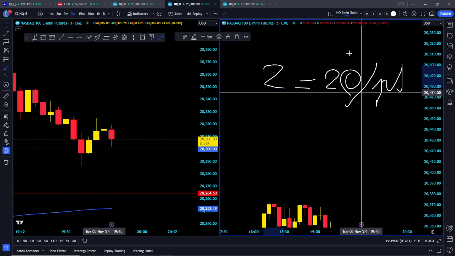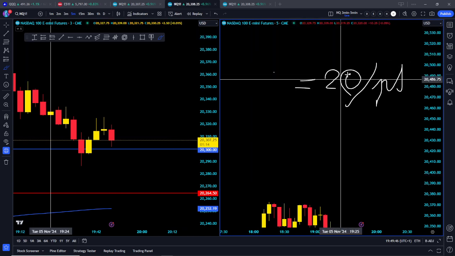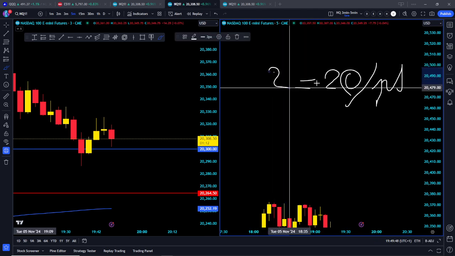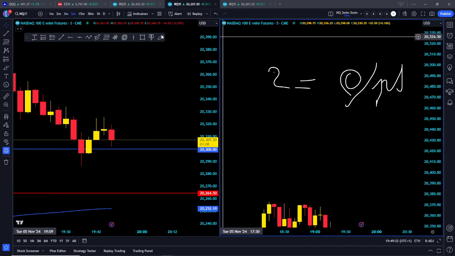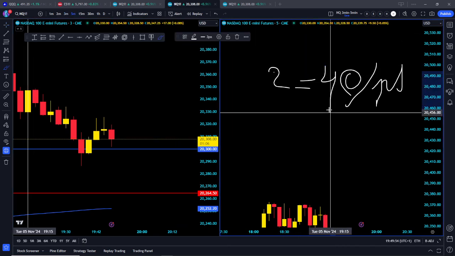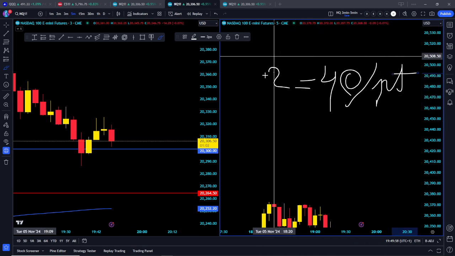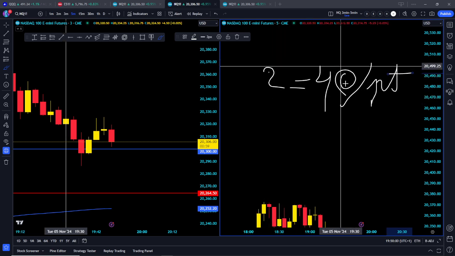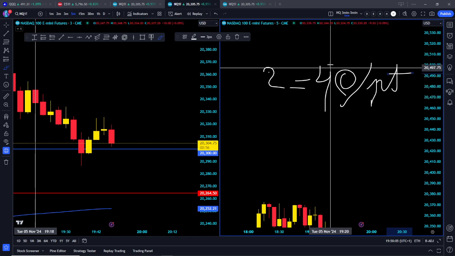Instead of 20, you have upped the leverage, and you now have $40 per point. You understand? So the more contracts you add, the more leverage and the more risk you will put on.